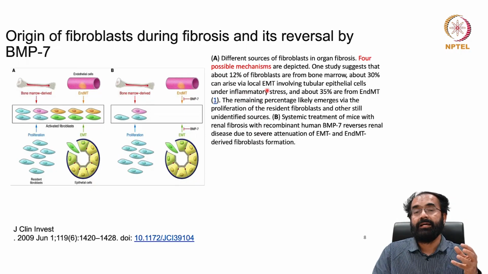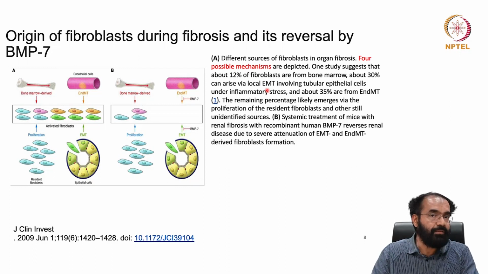That means the epithelial to mesenchymal transition creates the fibroblast, because fibroblasts are the migratory cells involving tubular epithelial cells under inflammatory stress. Some people, because of food habit, or some abusive use of chemicals or drugs, or environmental pollution, can create an inflammatory milieu. And in old age, normally there can be an inflammatory milieu in your body.